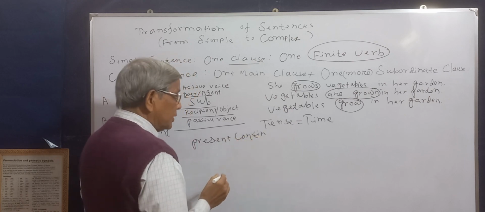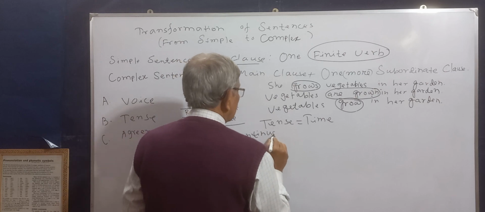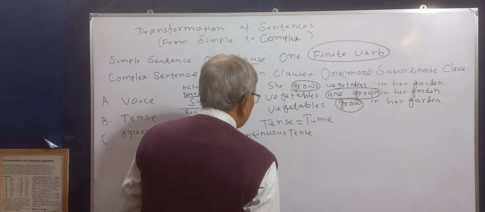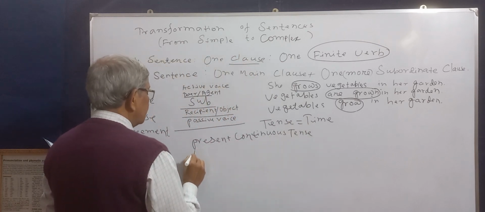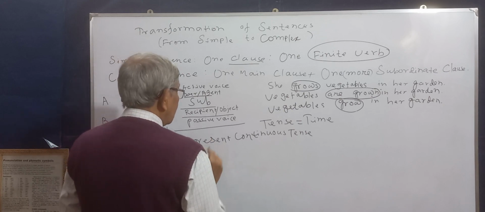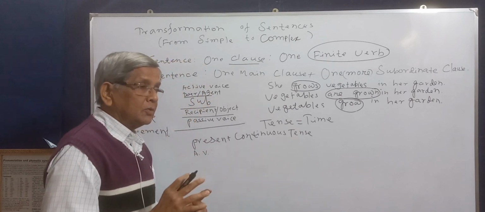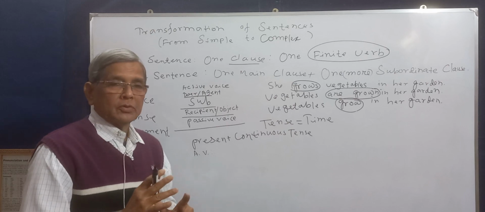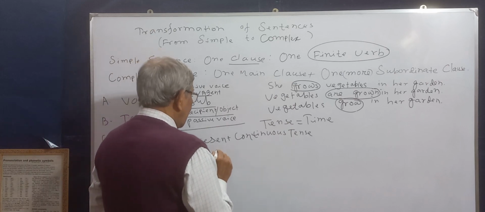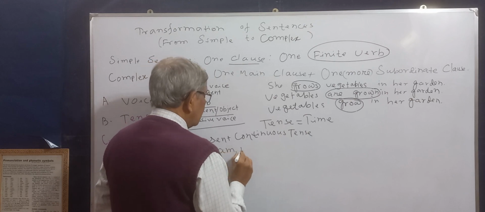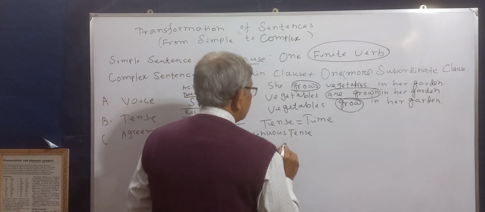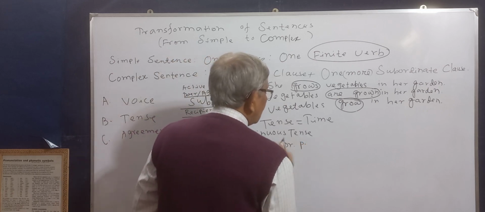Or progressive tense. We know that in the active voice, its structure, or in other words, the three forms of its basic structure, are am, is, or are, plus the present participle of the principal verb.